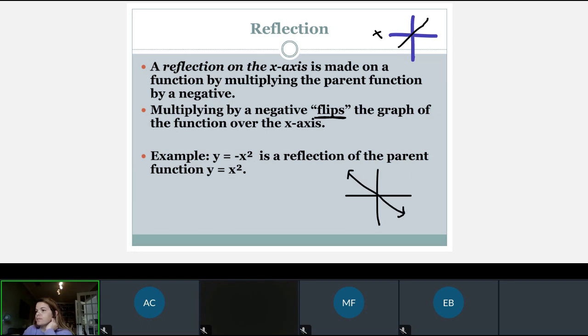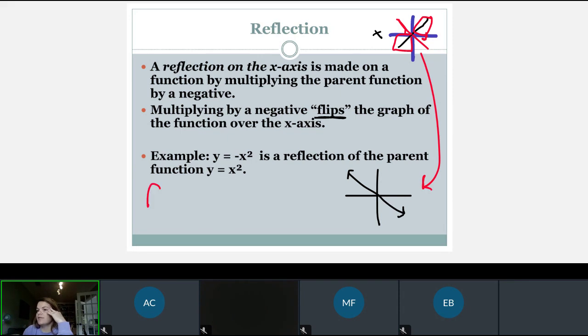So we're going to take the old one and flip it. This portion of the line is going to get flipped over, so now it's going to be up here. This portion of the line gets flipped over, now it's down here. So we get this new function.